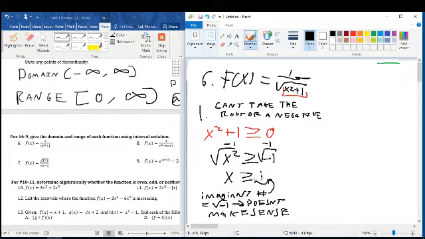Okay, so that's one domain statement that we have. x is greater than or equal to i.